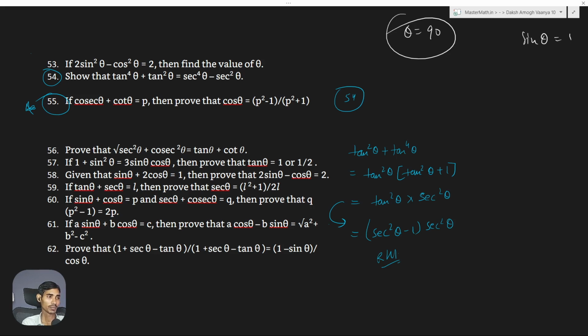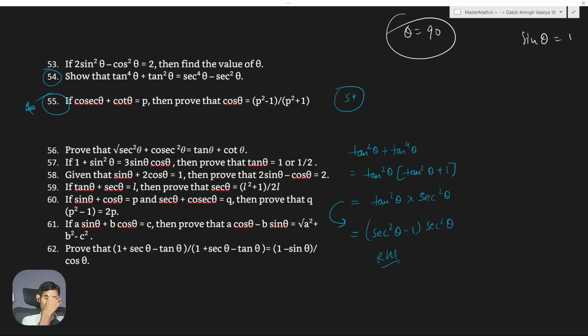Just see now what has changed. What changed? Just check. So we change tan square theta into sec square theta minus 1. How did we get that? What's the identity? Tan and sec identity.